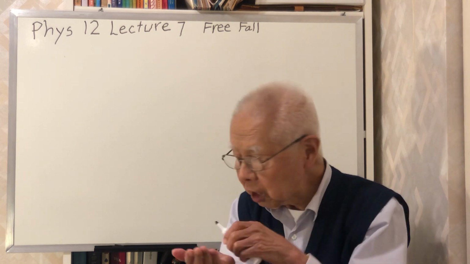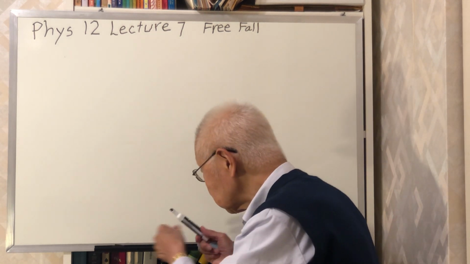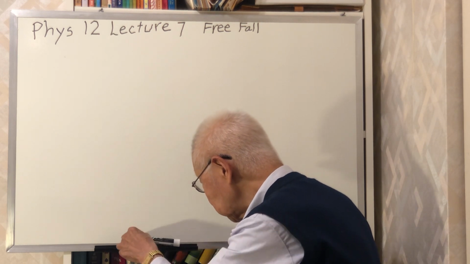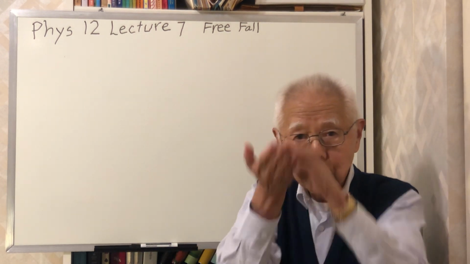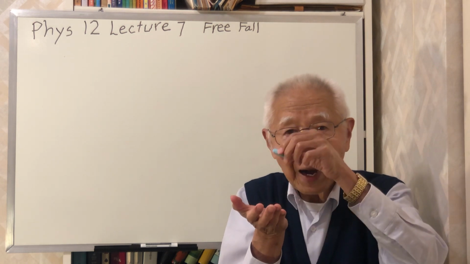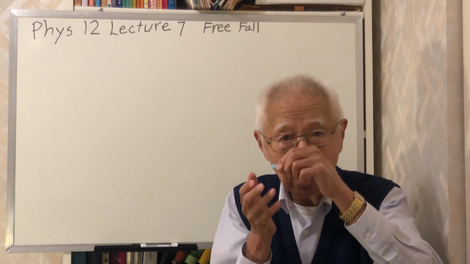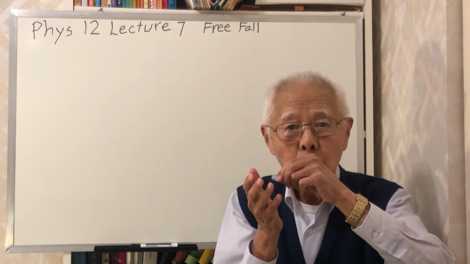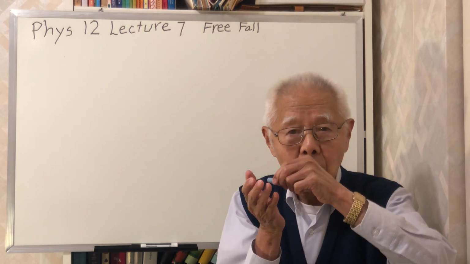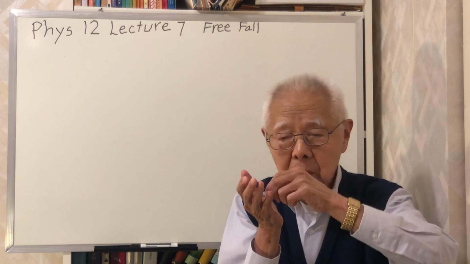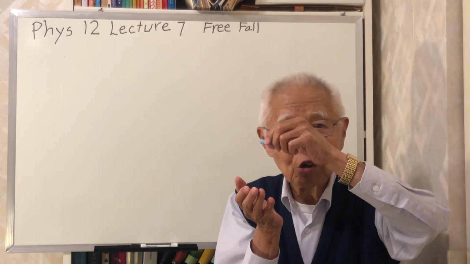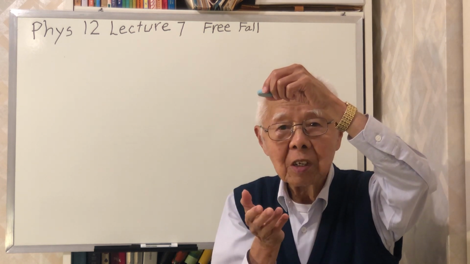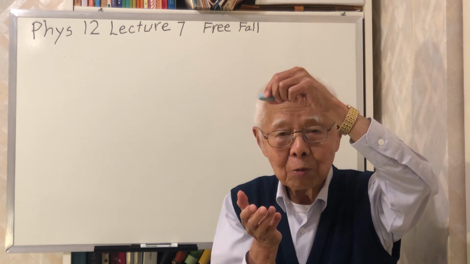When I push it, the eraser leaves my hand with a velocity, right? But that velocity will slow down as it goes up. It slows down, and then when it reaches a certain point, the velocity is 0.